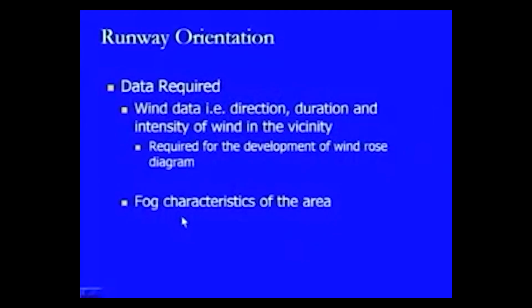Another characteristic which has its effect on the orientation of runways is the fog characteristics of the area, which is governed not only by the meteorological conditions, but it is also governed by the positioning of the runway strips with respect to the conditions which are going to be created in terms of whether we are providing the runway strip on the leeward side or on the windward side, as we have discussed in the case of site selection of an airport.